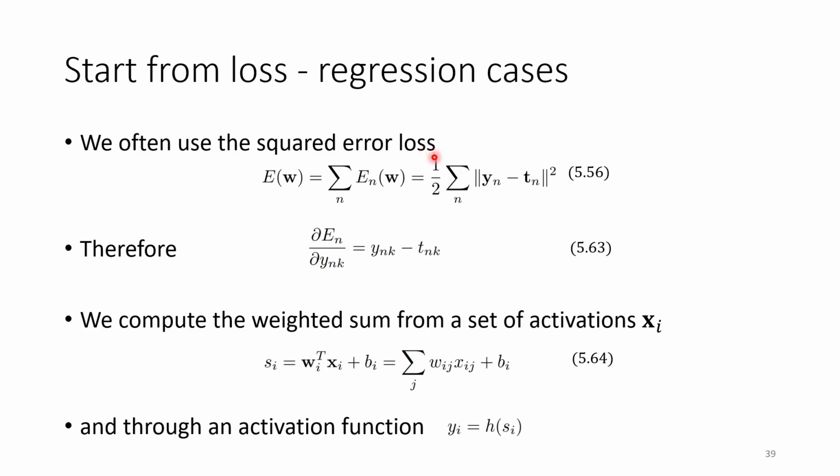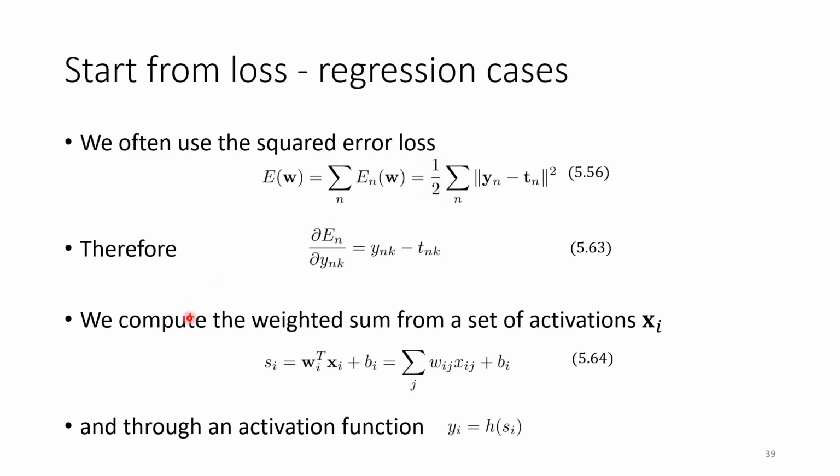The coefficient 1/2 is added for convenience. Therefore, we can calculate the derivative of the error with respect to the y value. It becomes y minus Tnk, because this is a square term. When we differentiate it, the exponent 2 cancels with the half coefficient.